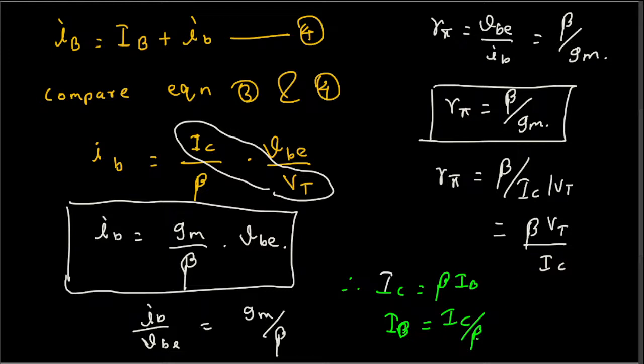We have beta divided by IC, but IC divided by beta is equal to IB. Then we can write IB on the bottom. So this is VT divided by IB. Okay, we can say therefore r pi is equal to VT divided by IB as well.